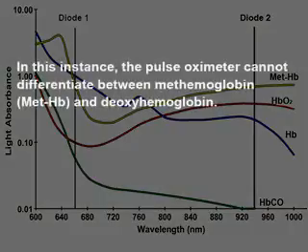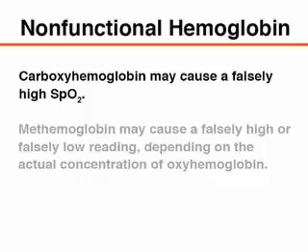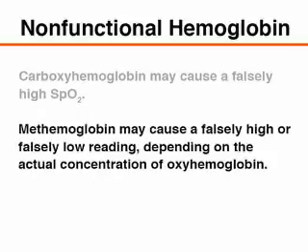In this instance, the pulse oximeter cannot differentiate between methemoglobin and deoxyhemoglobin and may incorrectly detect an elevated deoxyhemoglobin concentration, resulting in a falsely low interpretation of arterial blood oxygen saturation. Carboxyhemoglobin may cause a falsely high SpO2, whereas methemoglobin may cause a falsely high or falsely low reading, depending on the actual concentration of oxyhemoglobin.